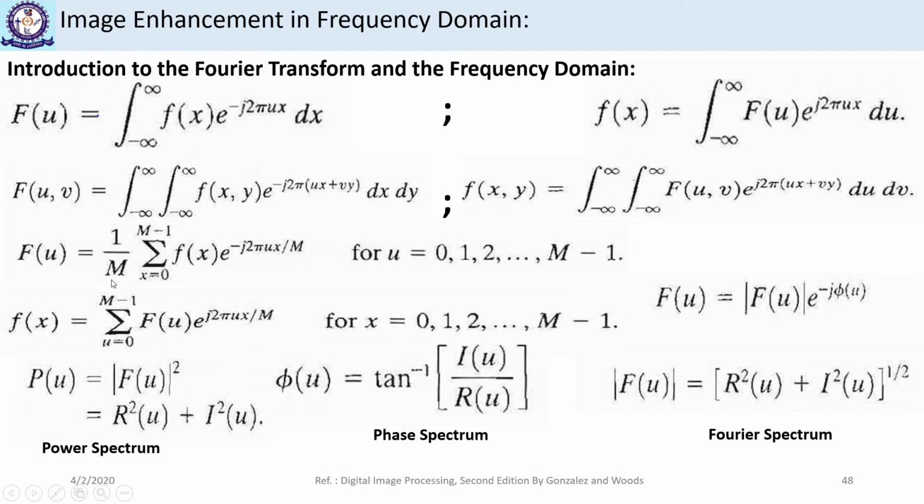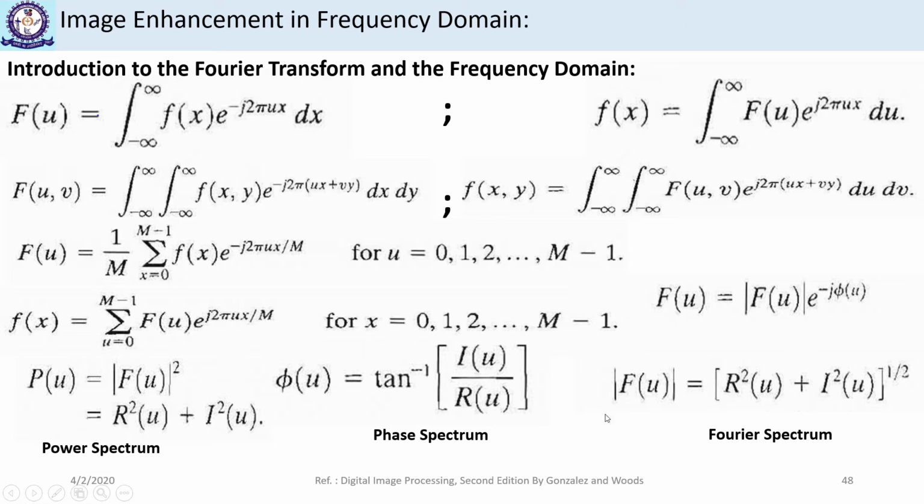Now these are the discrete Fourier transform formula pair. We can look at this signal as actually a complex signal. A complex signal can be given by its magnitude and its phase. So a complex signal can be represented as the modulus of F(u), that is the amplitude, times e raised to the power minus j phi(u), where phi(u) is the phase of this signal.